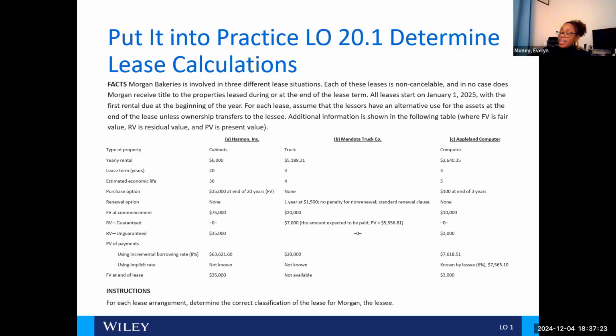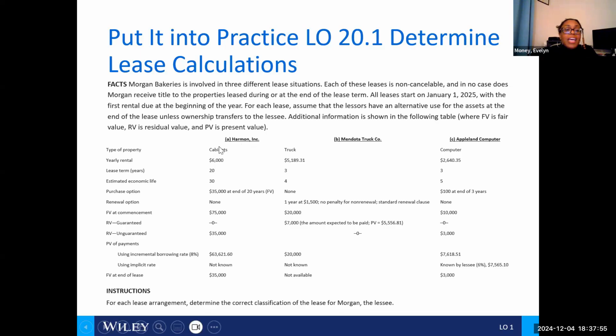So we have to focus on the bargain purchase option test, the 75% test, or the economic life test, and the 90% test, or that fair value of the lease payments test. Additional information is shown in the table below, and FV is for fair value, RV is for residual value, and PV is for present value. So let's look at the first one.